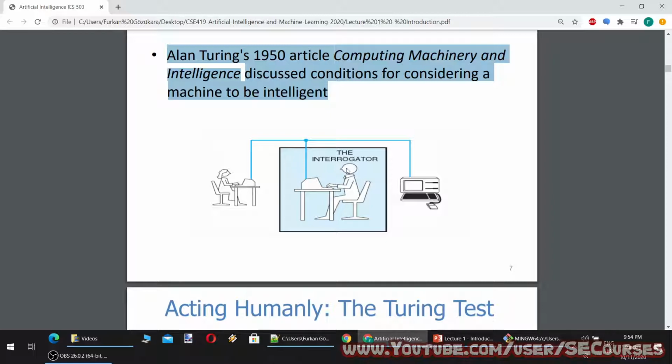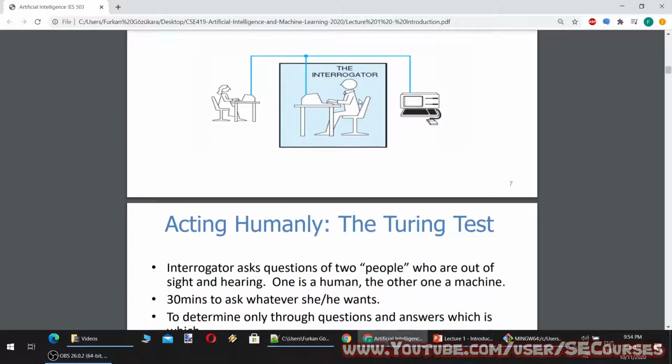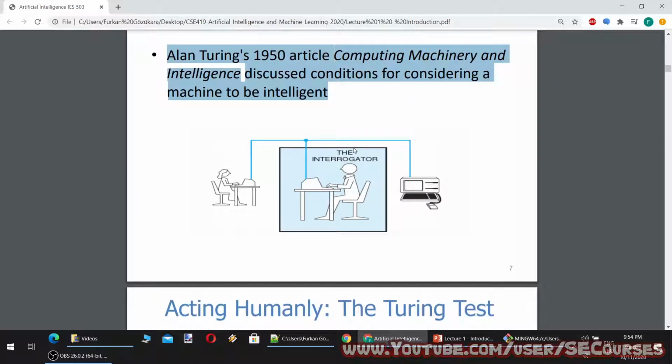One side is a real human, one side is the machine. If the interrogator, the person who is asking the questions, cannot tell the difference between human and the machine, it passes the Turing test.